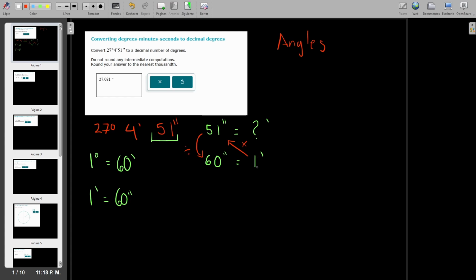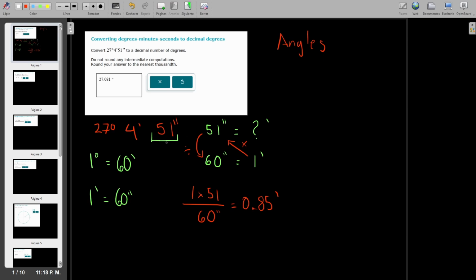So 1 times 51, and that all over 60 is going to give us how much? 0.85.